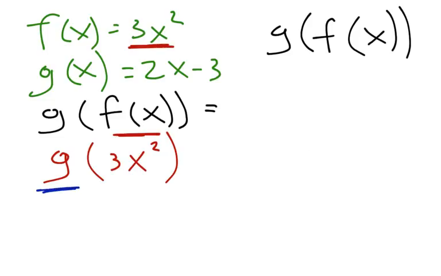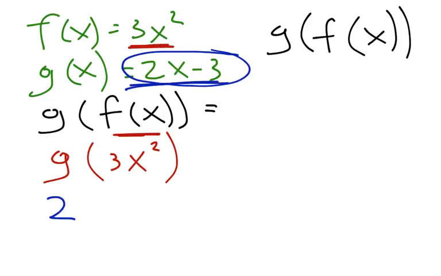Then my outside function is the g function, and I know that g function is 2x minus 3. So I write my g function, and whatever I have in x, I put a parenthesis.